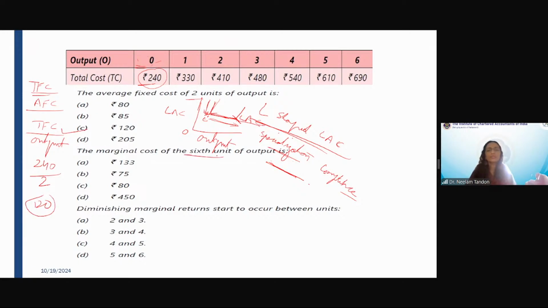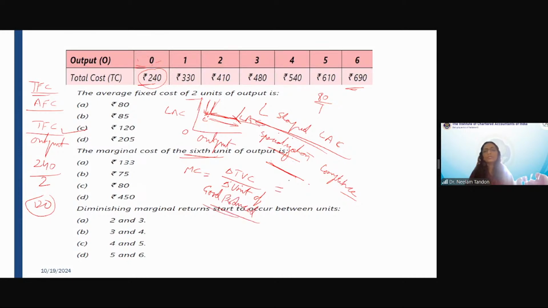Second is the marginal cost of 6 units of output. What is marginal cost? Change in total variable cost with an additional unit of good produced. So how much is the change in total variable cost? 90 minus 10 is 80, divided by 1. How do we calculate marginal cost? Marginal cost is change in total variable cost with an additional unit of good produced.